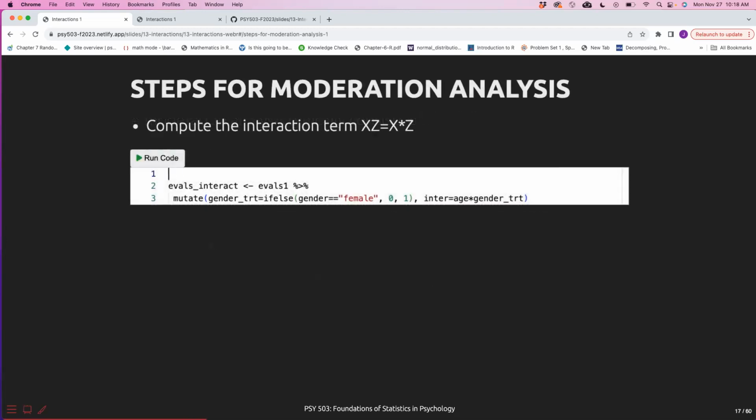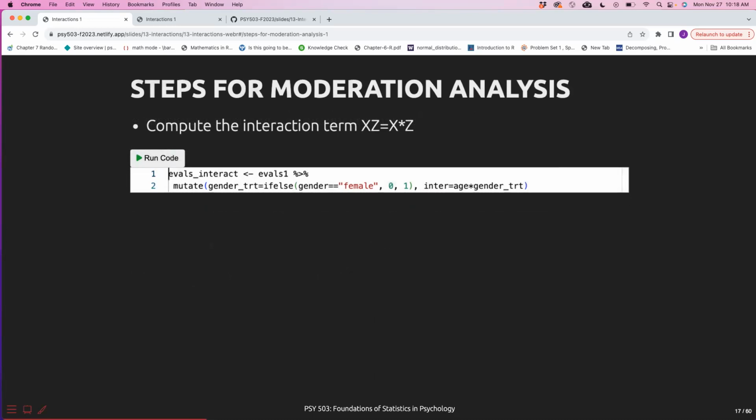What I wanted to highlight here is how to compute the interaction term. When we actually fit the model, there's a little shortcut: you don't have to compute the interaction and put it into your data set, because the program will do it automatically for you. But I wanted to show how you can do that. Here we're using a mutate function and adding 2 columns. First, a gender treatment column.